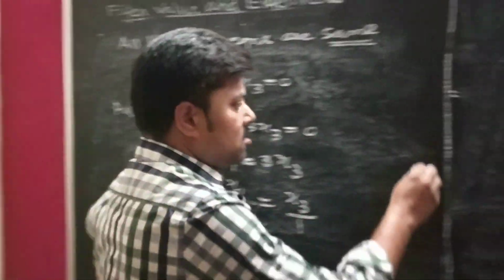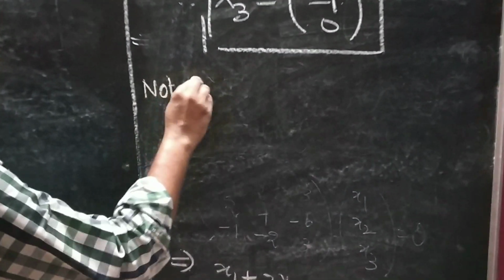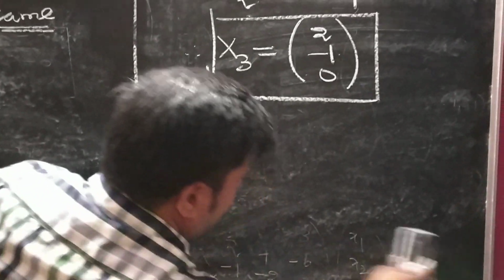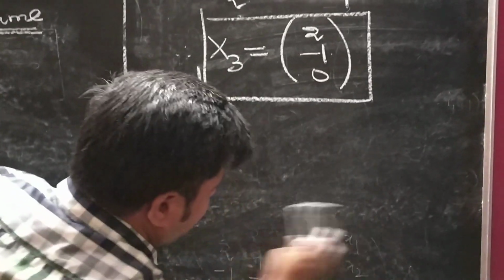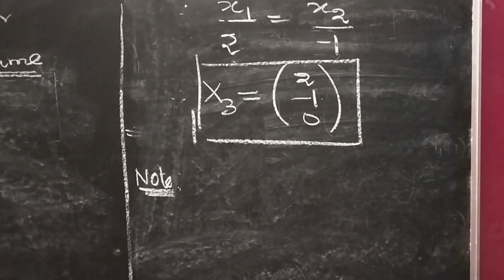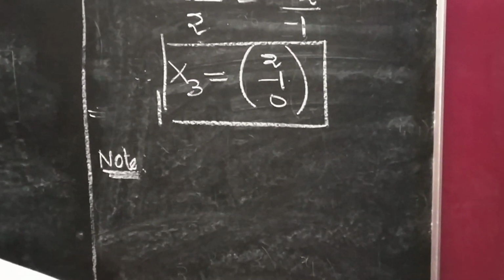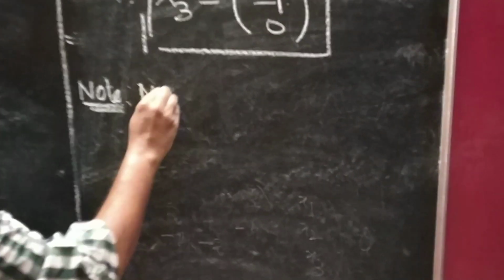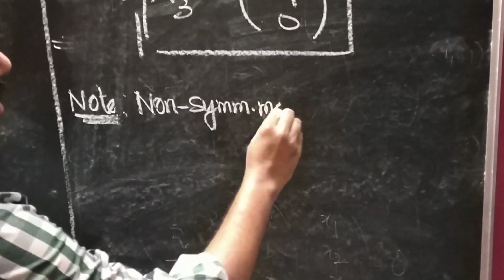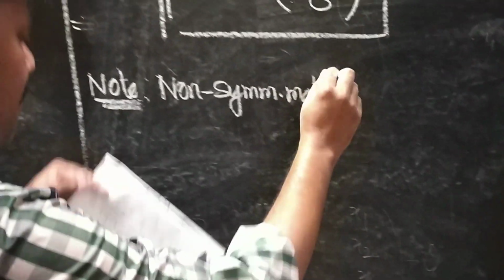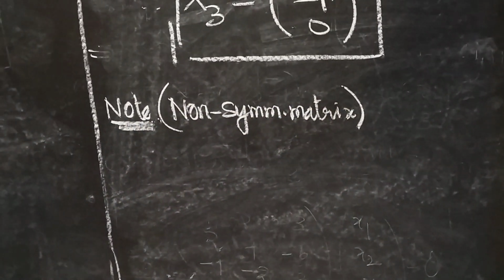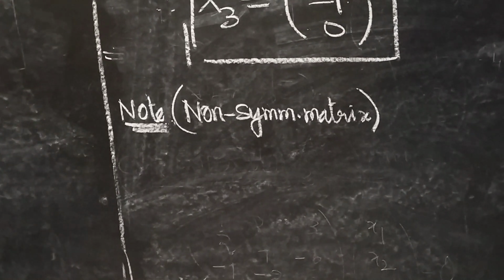So one important note for non-symmetric matrix. In the previous sums, 1 and 2 are non-symmetric. Non-symmetric means rows and columns are not equal.